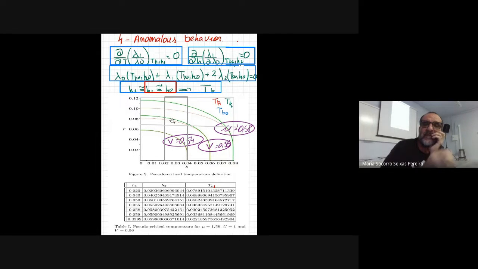When V equals 0.56, we have two conditions with the same result, and another condition with a little difference. And we have V equals 0.58.